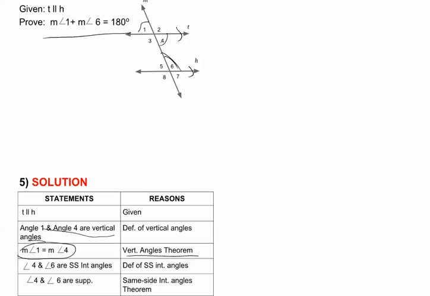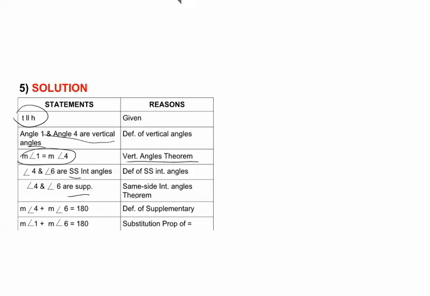Okay. Now I'm pretty much done with 1 for now. But now I have here that 4 and 6 are same side interior angles. That's what they are. And that's just the definition of it. In which case, because they're parallel lines, 4 and 6 have to be supplementary because that's one of our theorems. That's actually the same side angle theorem.